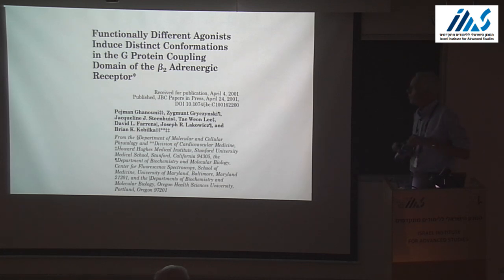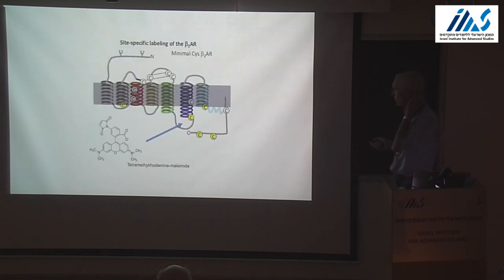Now, with the amounts of material that we had to begin with, we really were kind of limited to fluorescence studies. And we ended up being quite lucky, because it turns out that when you label the receptor, you don't have to do anything to it, don't modify it at all.